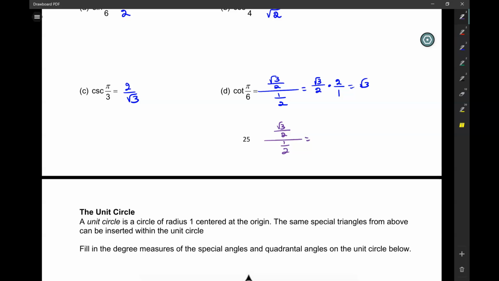The denominator on top is a 2. The denominator on the bottom is a 2. If they have identical denominators, you can cancel them. So on top I'm left with root 3, on the bottom I'm left with 1, so it's still root 3. If you run into trouble with that, come see me and we can go over it.